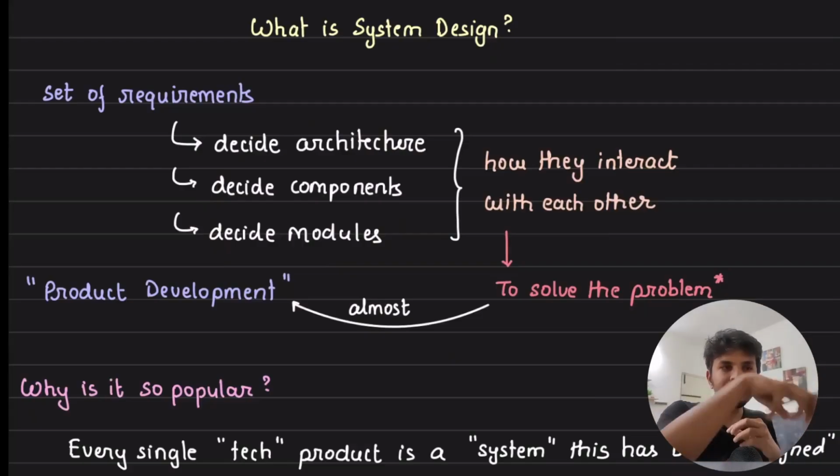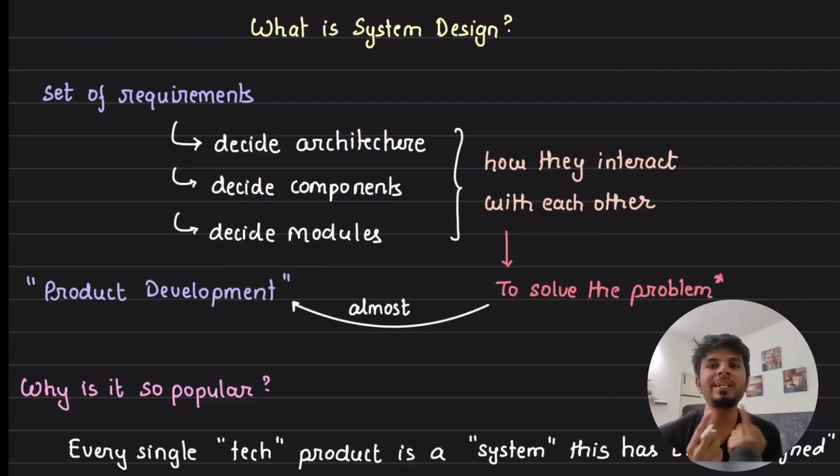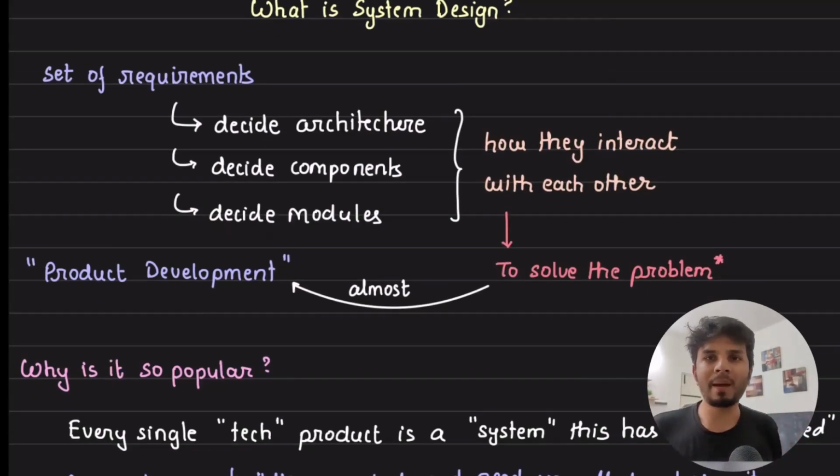You solve individual problems and you define how they would interact with each other. When you do that, that makes your system almost complete, right? This is typically how product development happens in an organization. You join any company, this is what your product development life cycle actually looks like. You decide on architecture, components, and modules.